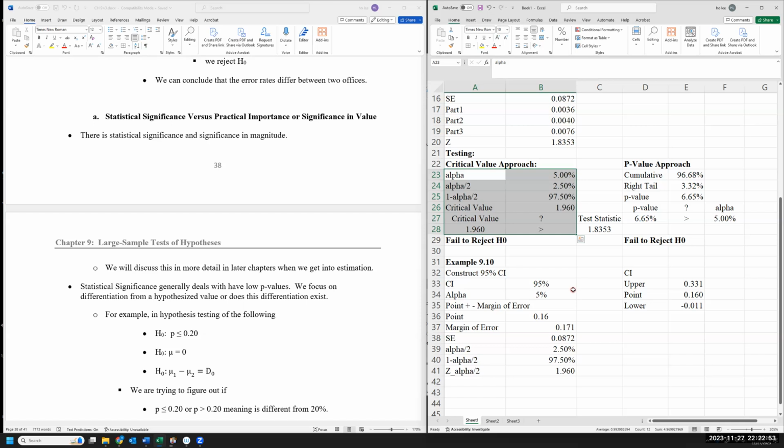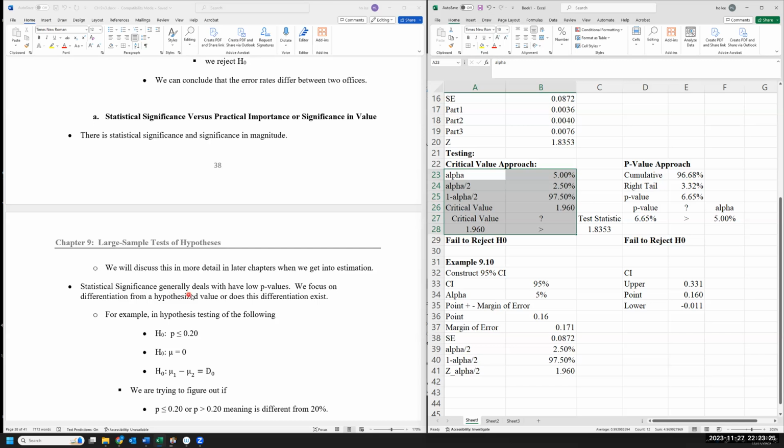Statistical significance is what we have been doing so far. Is there statistics supporting our conclusion? Specifically, it is the statistical analysis, the analysis we are doing, rejecting H naught or failing to reject H naught. That's statistical significance. Okay.